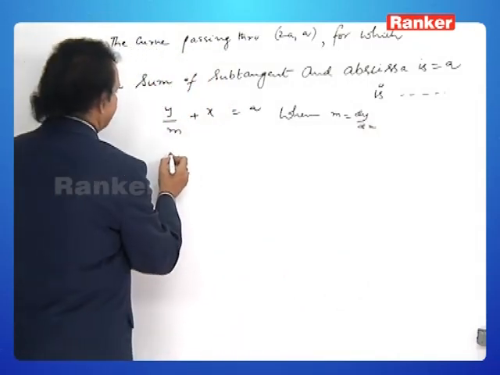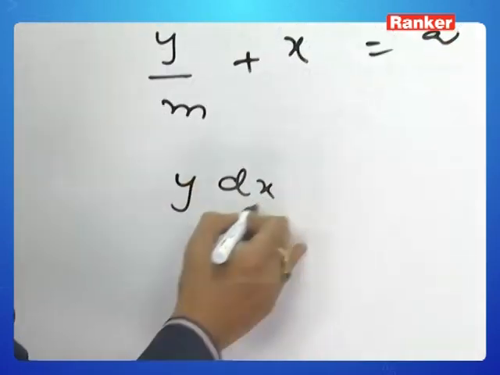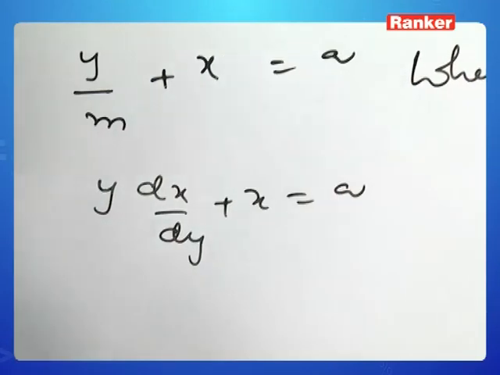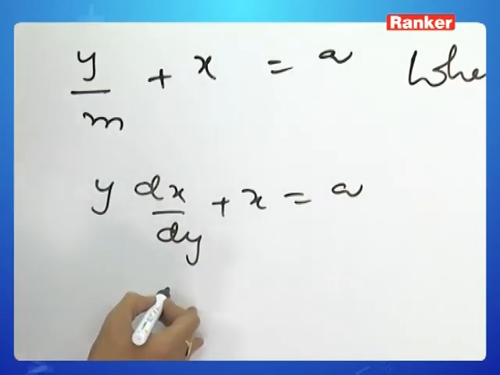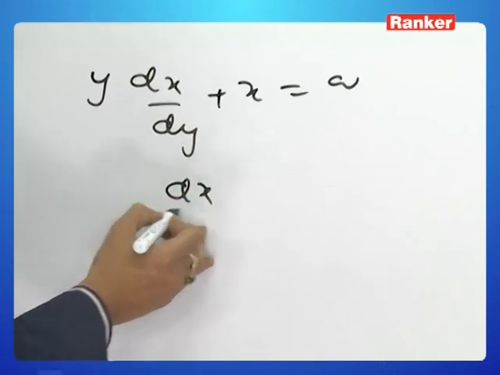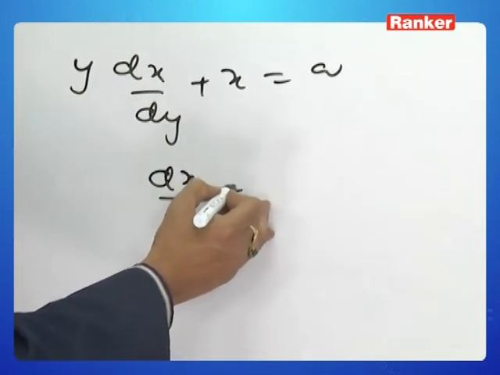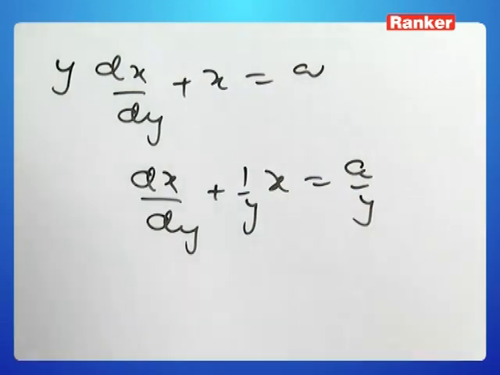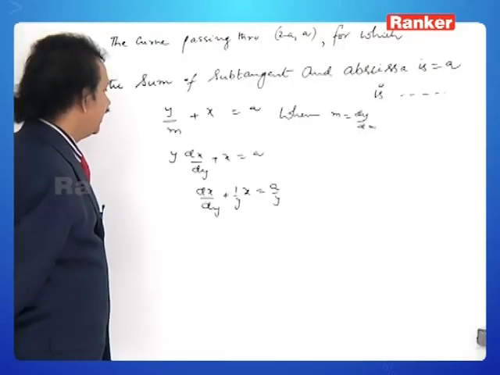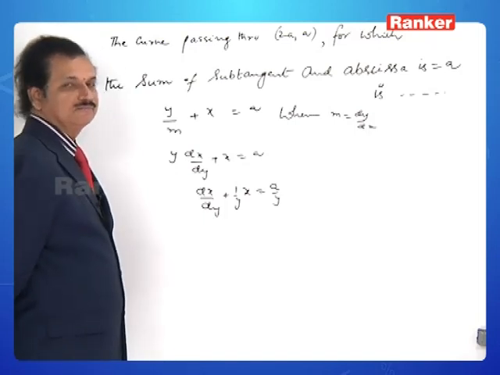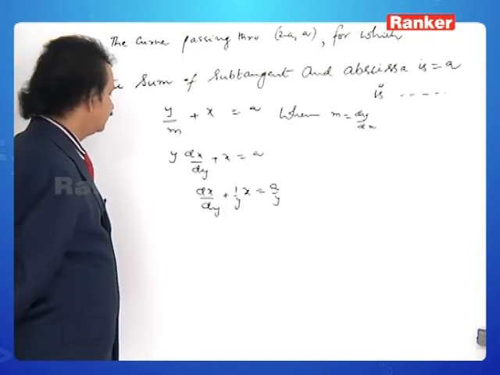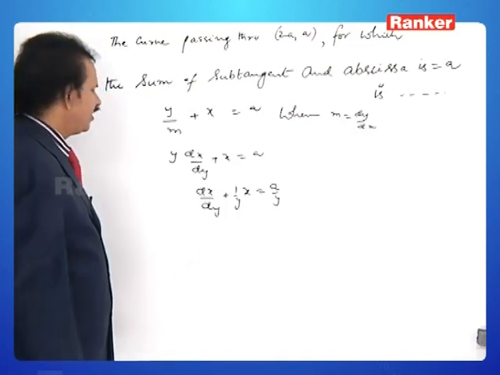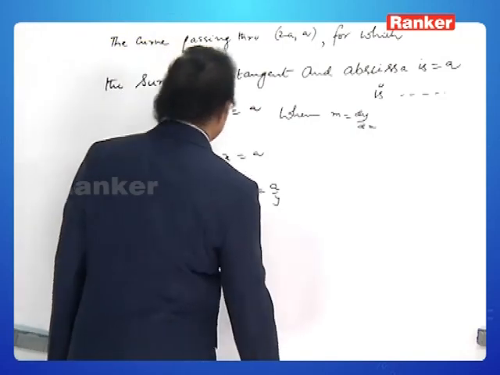Therefore, y into dx by dy plus x is equal to a. Therefore, dx by dy plus 1 by y into x is equal to a by y. Or even you need not do all these things.